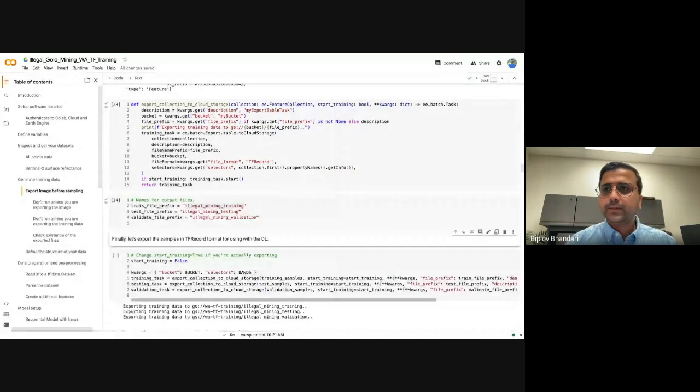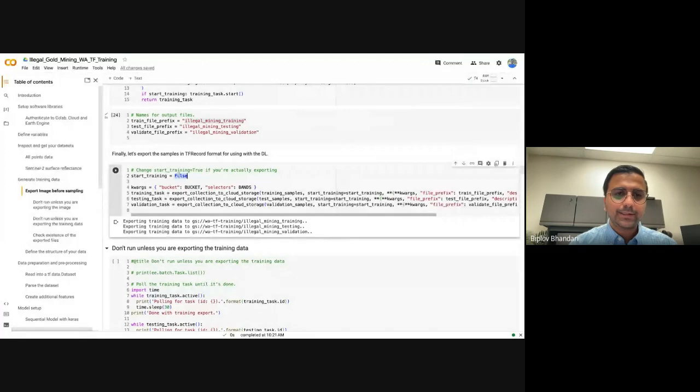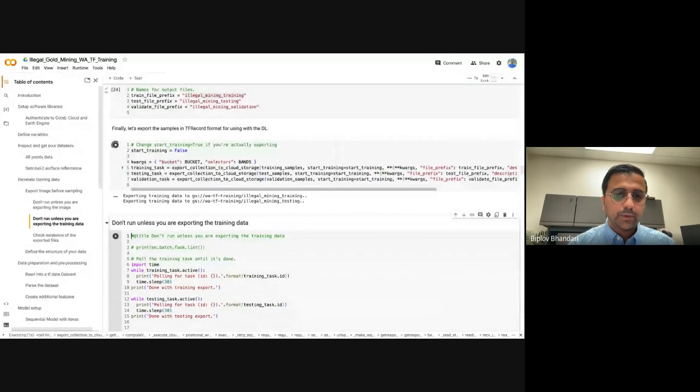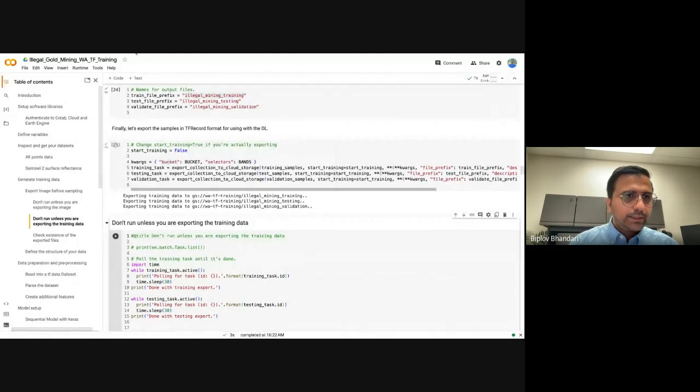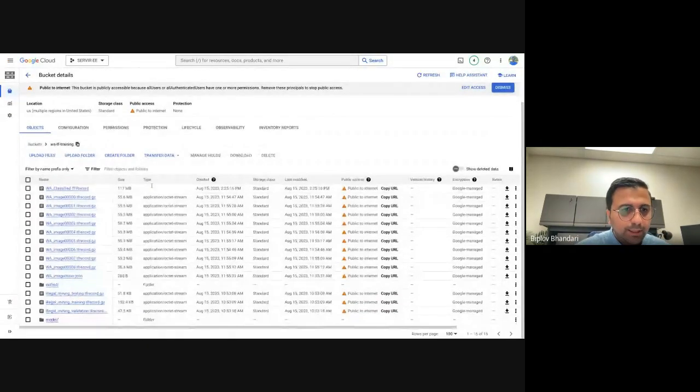Thank you. Okay, so now we have our training dataset, validation dataset, everything. Again, I'm not going to start this export because I've already exported that, but if you want to do that, just change that to true and you should be able to export it. I just want to show how it looks here. Once the export is successful, you would get these TFRecord data files.